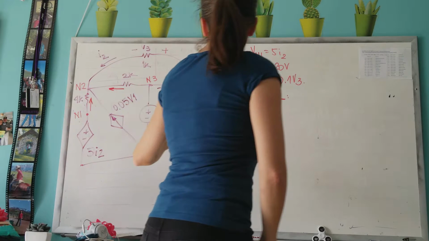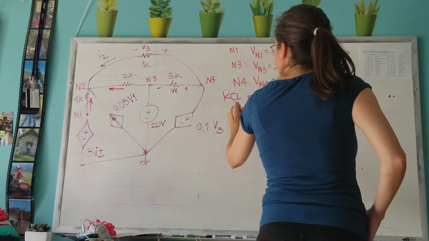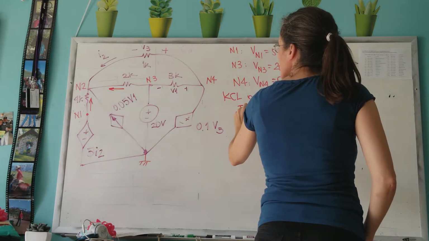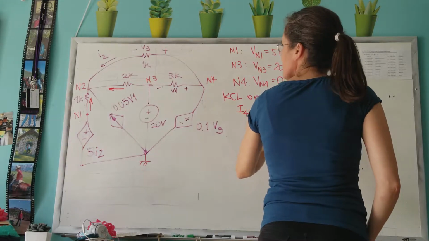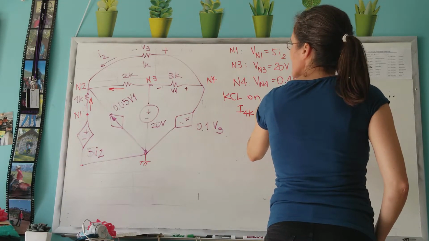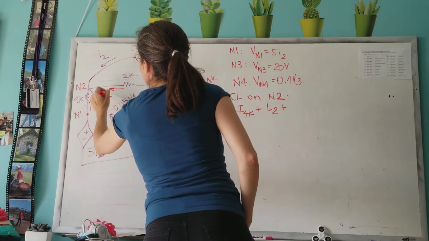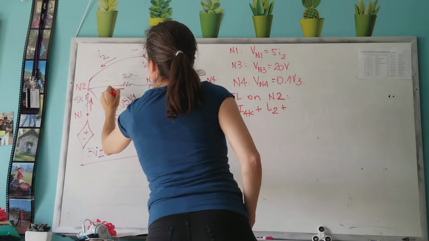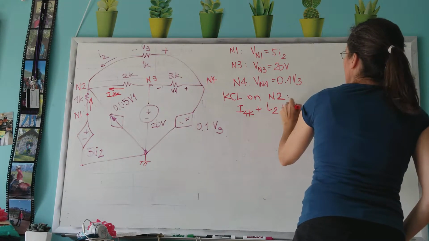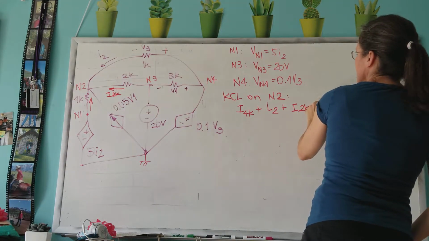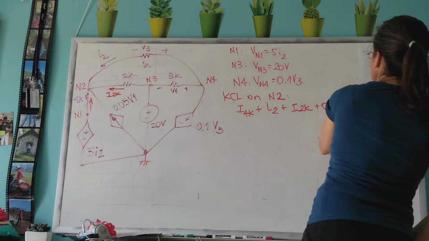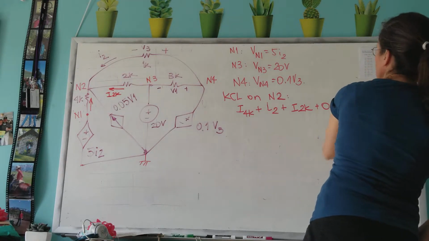So it's the current I4K on the 4K plus I2 plus this here, maybe I'm going to call this I2K, plus 0.05 V1 equals 0.